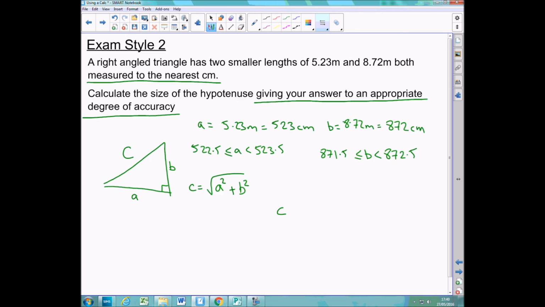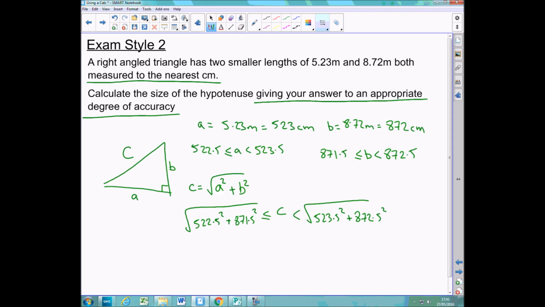So this value C here, the lower bound, like we said, is the square root of the two lower bounds squared and added, so that's 522.5 squared plus 871.5 squared. And then for the upper bound, I'm going to do the square root again, which is 523.5 squared plus 872.5 squared.